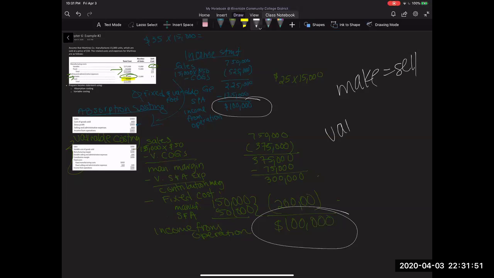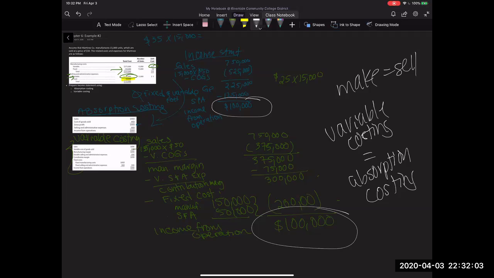So variable costing and absorption costing will be the same. Our income from operation will equal the same amount when we sell everything that we make.